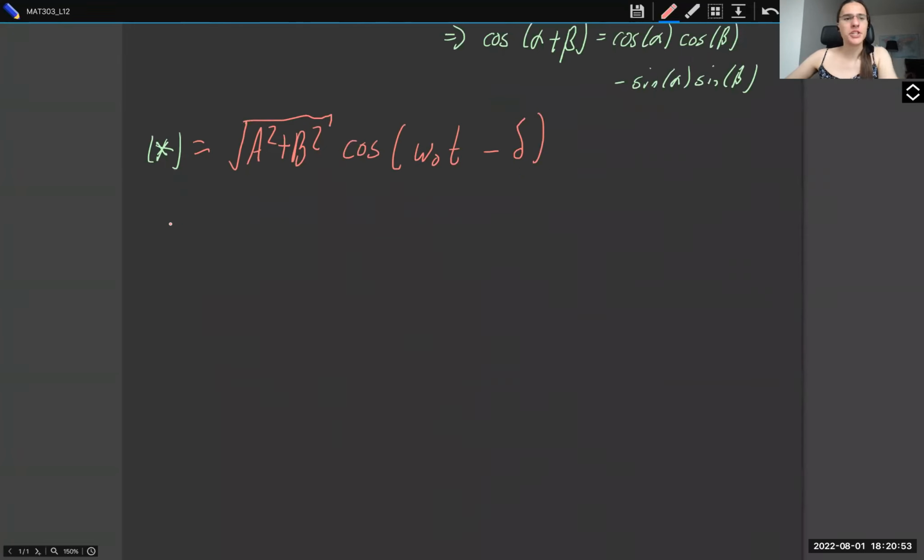Okay, now in general, the solution can also be written as, replacing the square root of a squared plus b squared with C and then replacing delta with minus delta. You can introduce two new coefficients.